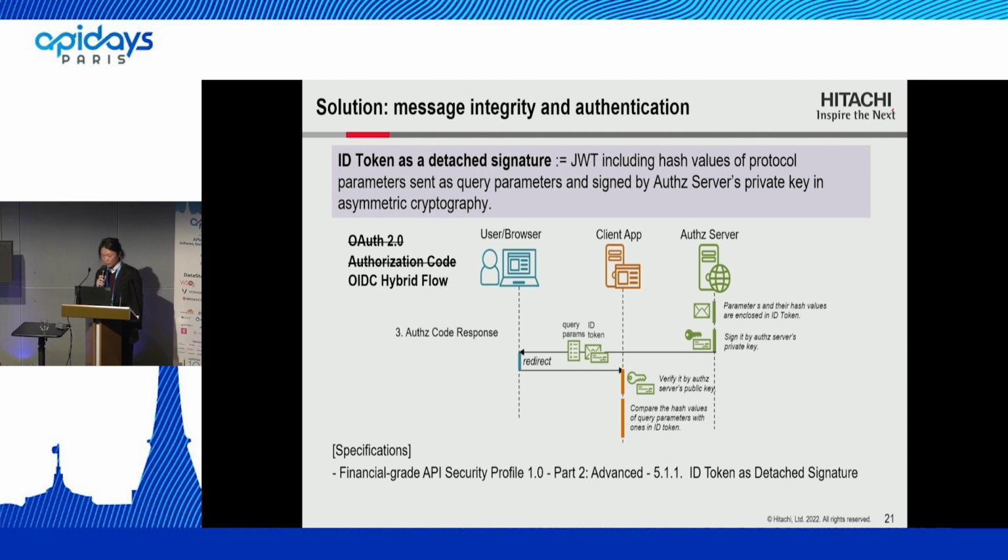The FAPI specification describes using the ID token defined by OpenID Connect as a detached signature by leveraging the OIDC hybrid flow instead of the authorization code flow. This ID token is a JWT, and it can be signed, and also optionally it can be encrypted.